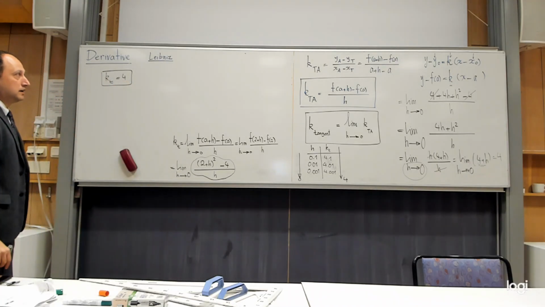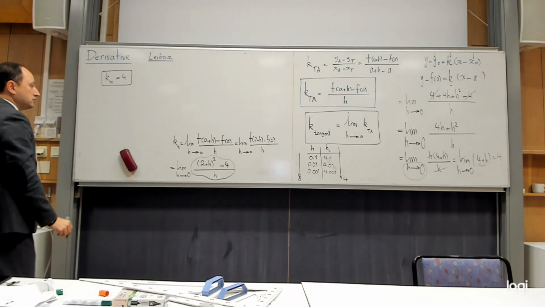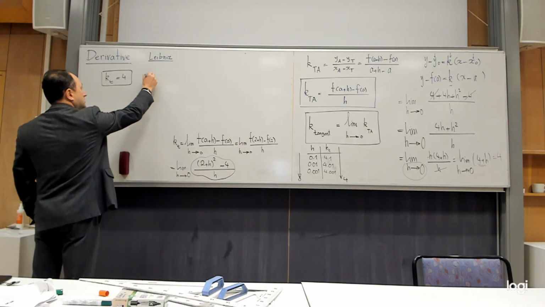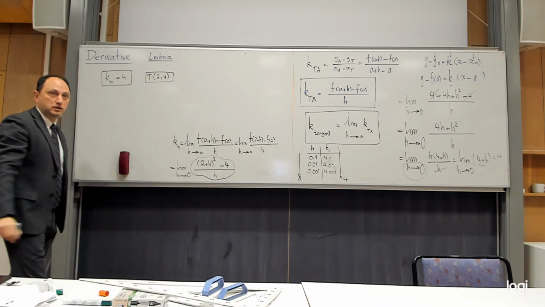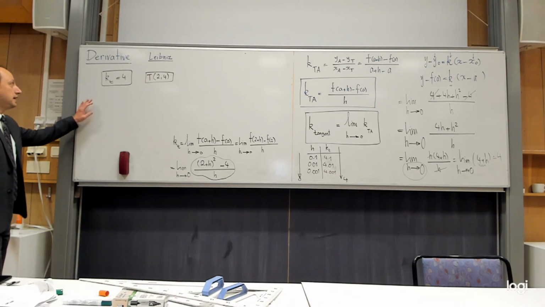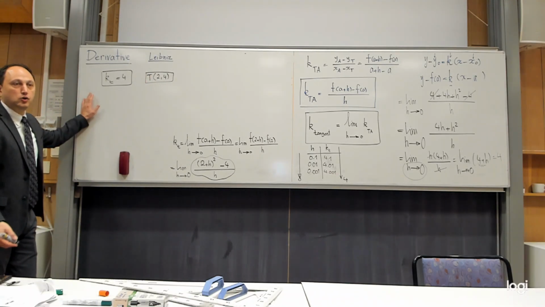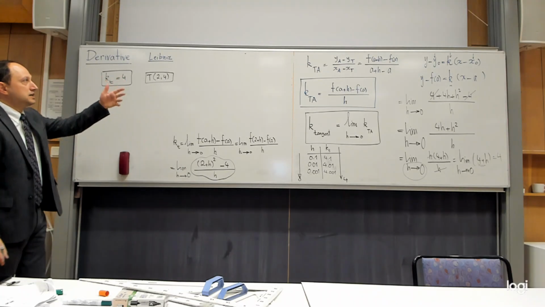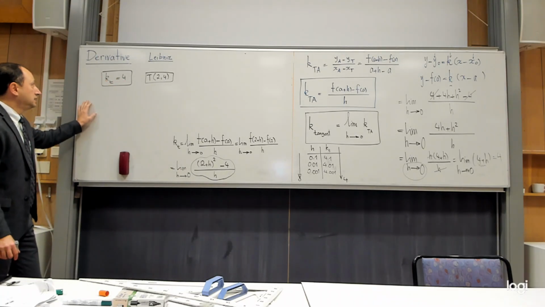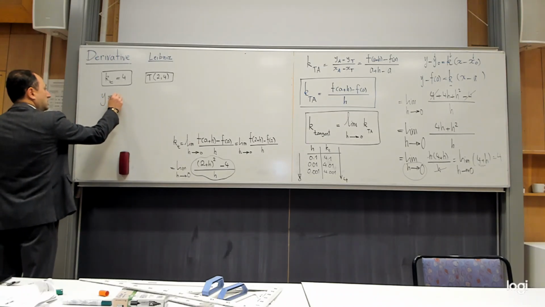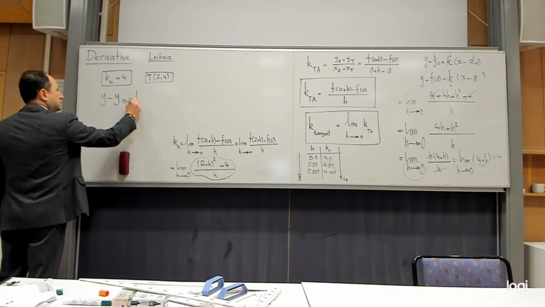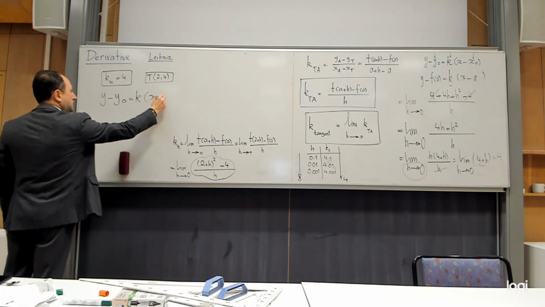Okay, so now what I have to do, and then the point of tangency was 2 and 4. Yes? Now use the 1 point formula, or even if you want, you can use Kx plus M formula. It doesn't matter. But let me use 1 point formula. So what was the formula, do you remember? Y minus Y node is equal to the K value times X minus X node.